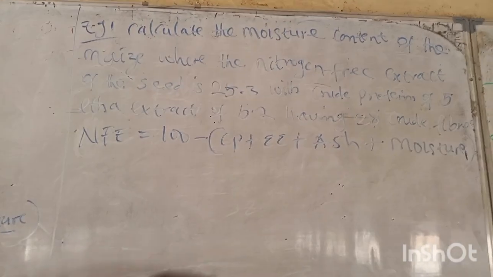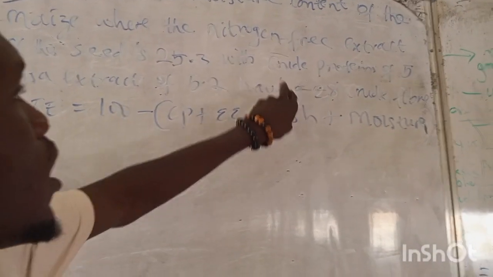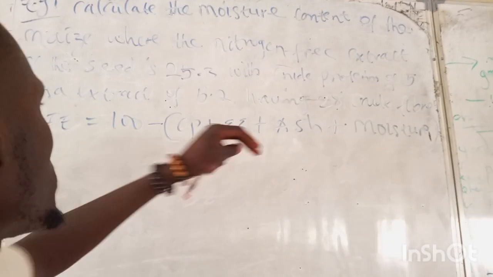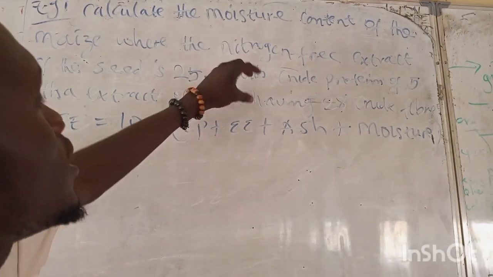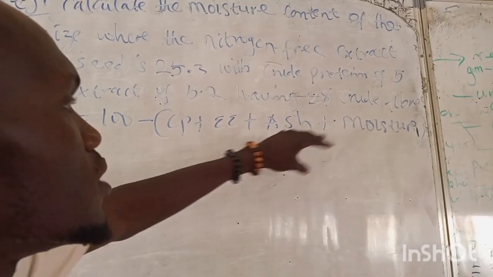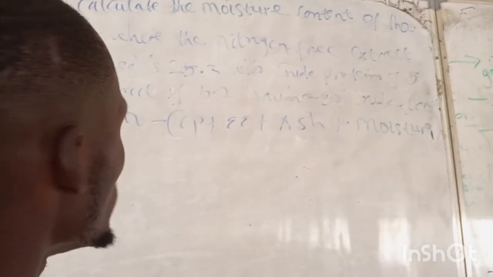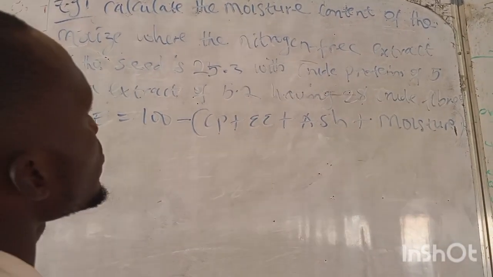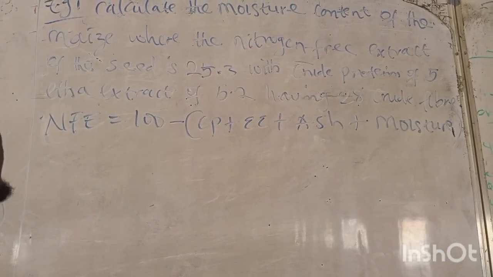Now, looking at the question, we can see that there is no value for ash. It might confuse some people, but I tell you, if the value for ash is not given, then there is nothing you should do about that. You are going to omit ash. You understand the point?